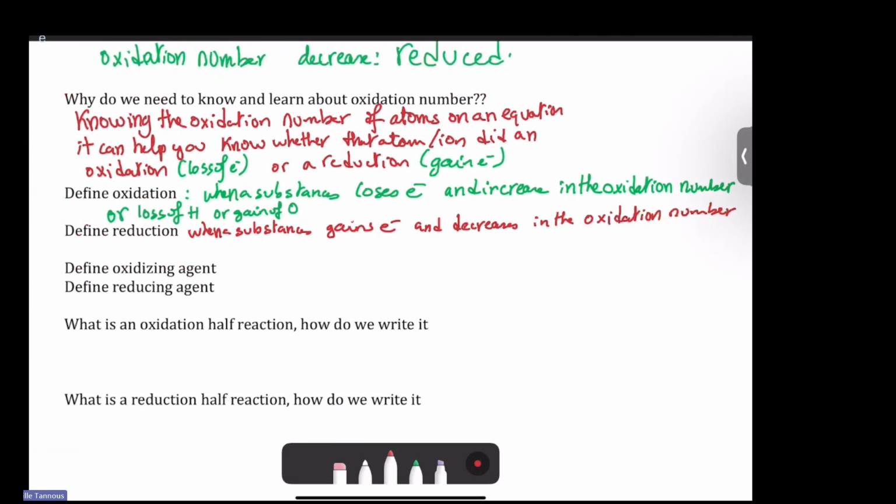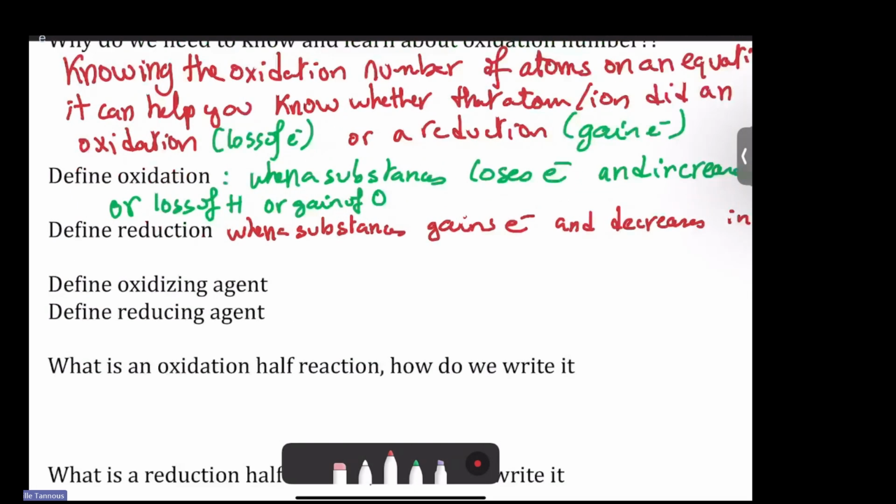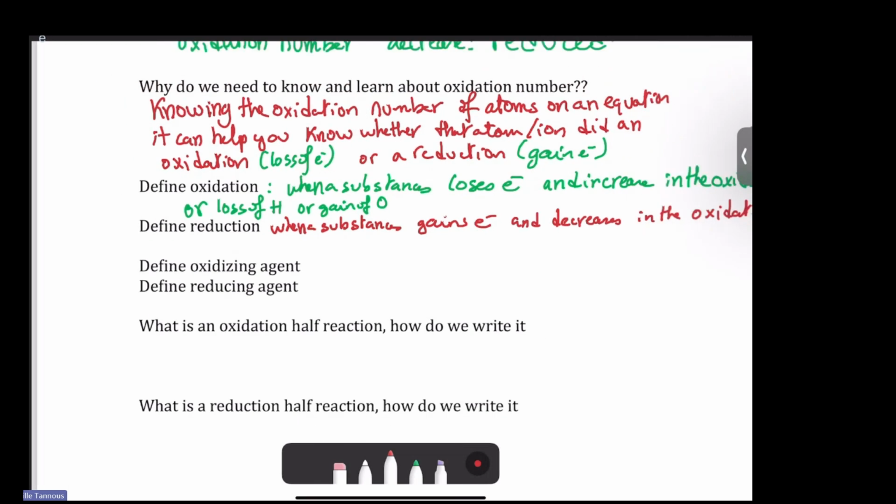And it is called an oxidizing agent. Now, it is a gain of hydrogen or loss of oxygen. So that's how I can define it.